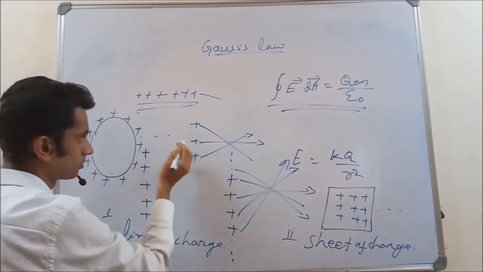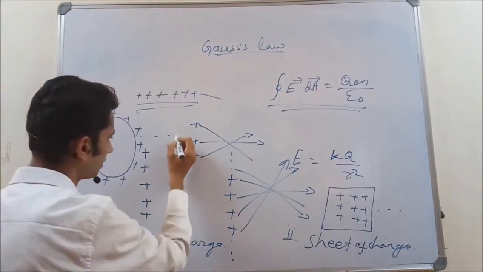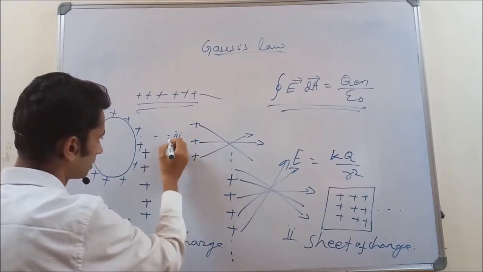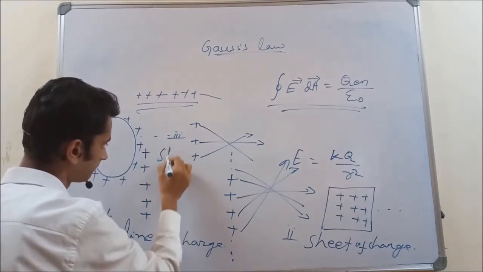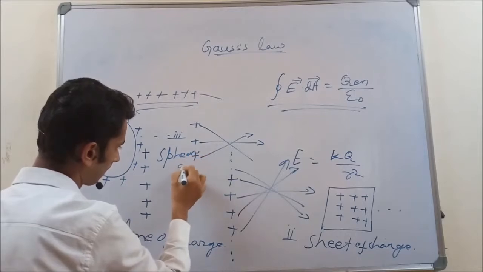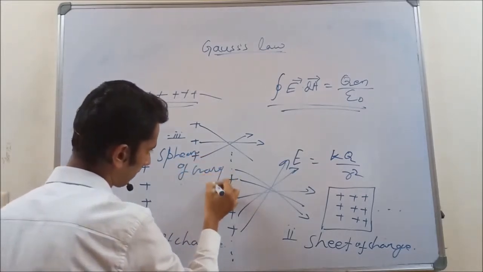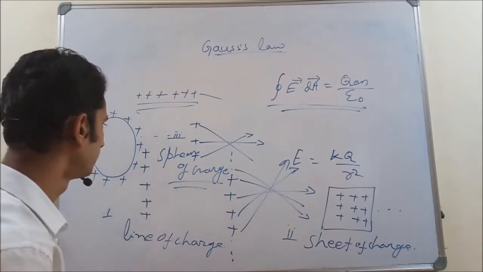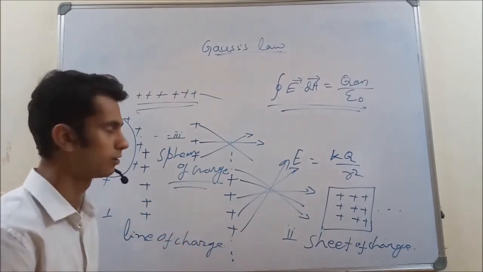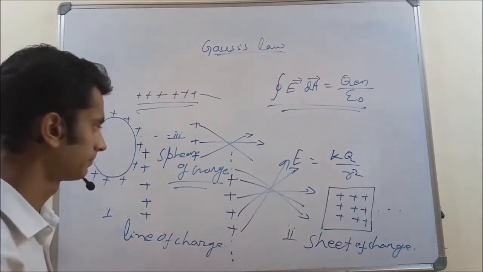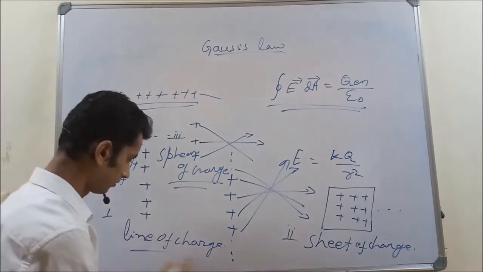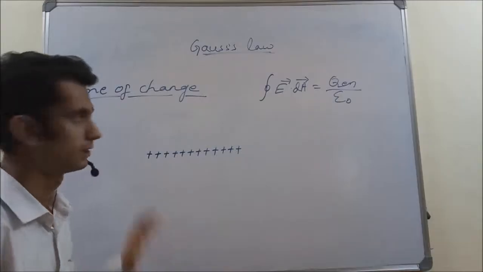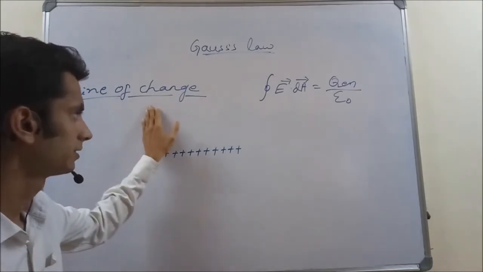There we can use Gauss law to find the electric field, and this situation is called sphere of charge. So in these three situations we can use Gauss law to find the electric field. So let's see the first situation, line of charge.